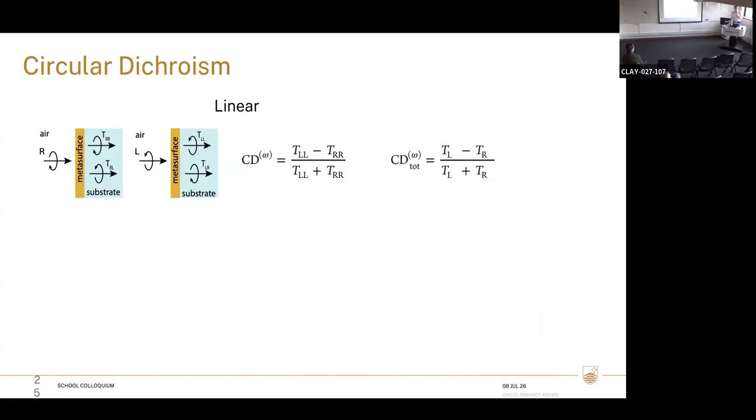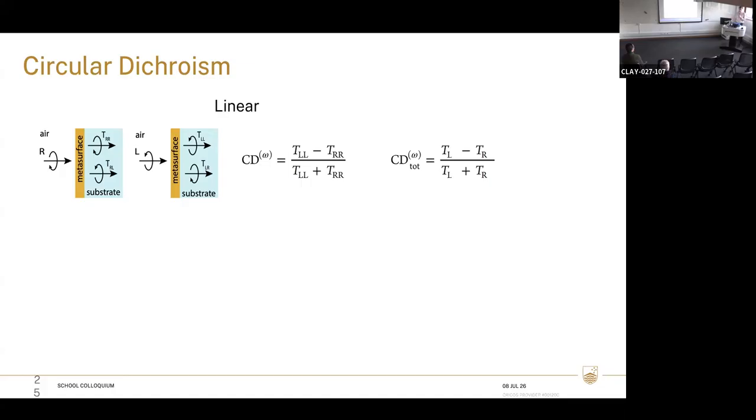So there are a couple of ways we can measure or determine chiral effects. One of them is so-called dichroism. So imagine we have a metasurface here, and we illuminate it with R component, and then we separate the R component and L component in the transmission, and the same is for the L component.